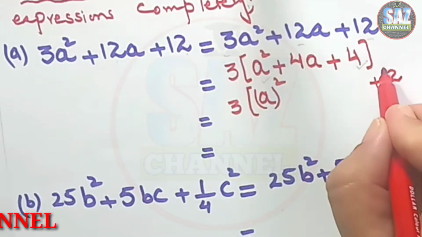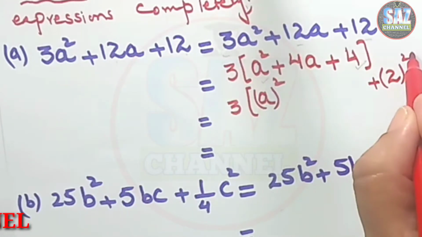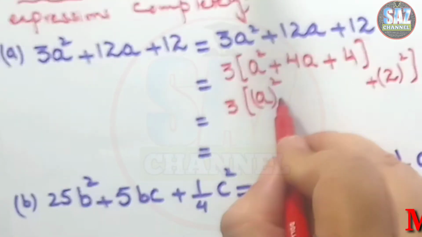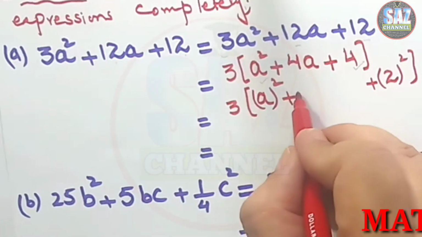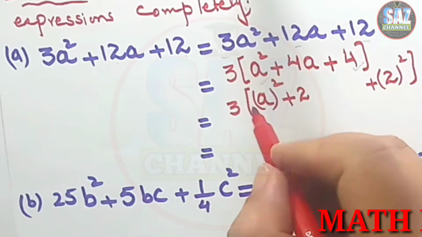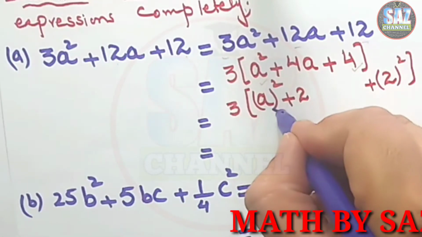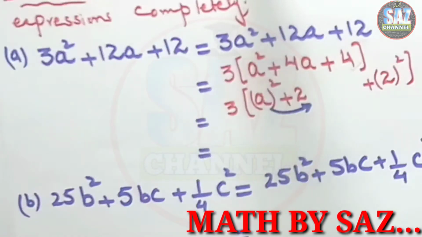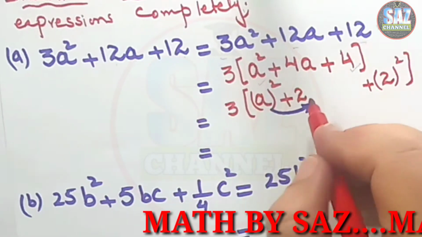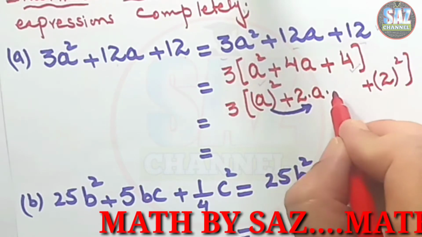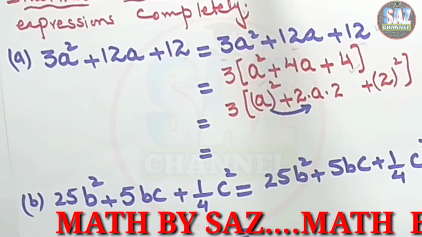I have to think about the number whose square is 4, that is 2 square, and at the middle place I will copy the sign as it is, 2, and a from the first place. A of the question is a from the first place, and b is 2 from the second place.